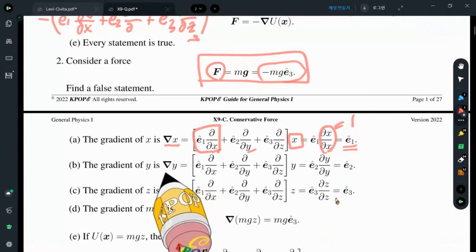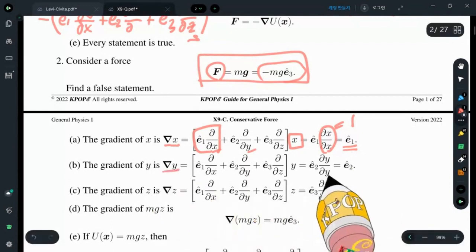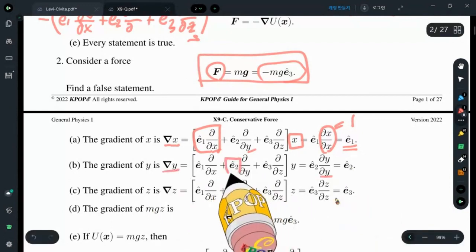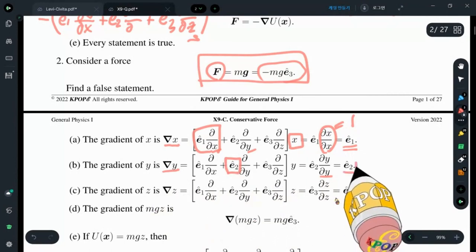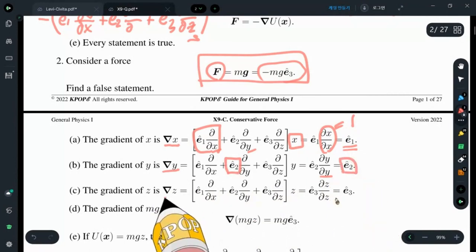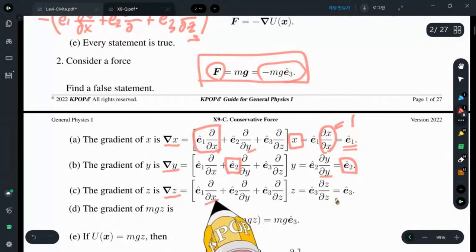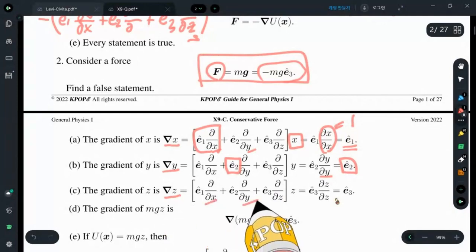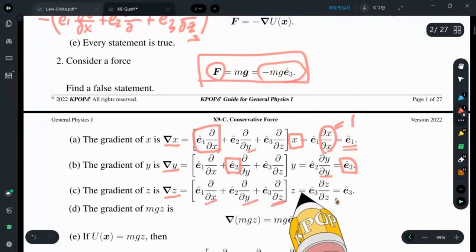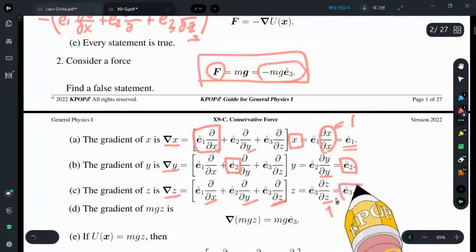In a similar manner, gradient of y survives only for the second component, that is e2 hat, right? And for gradient z, the x derivative and y derivative vanish, only the z component survives, this is trivially 1, and the answer is e3 hat.